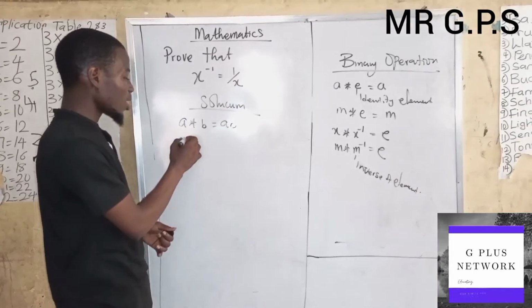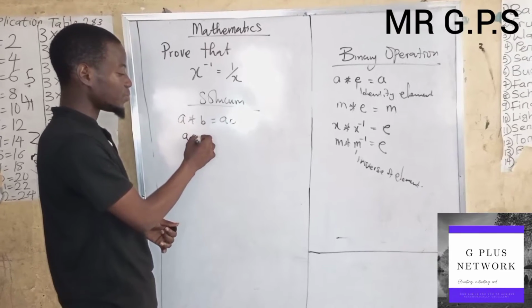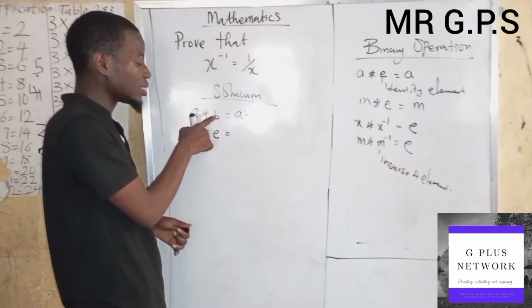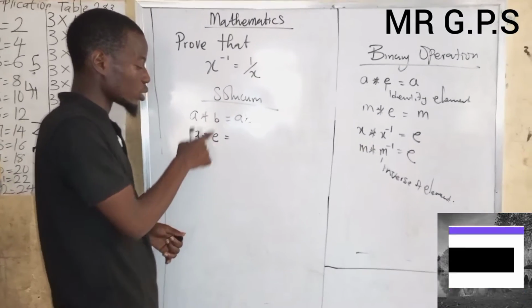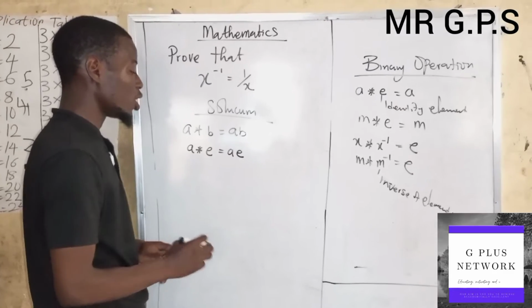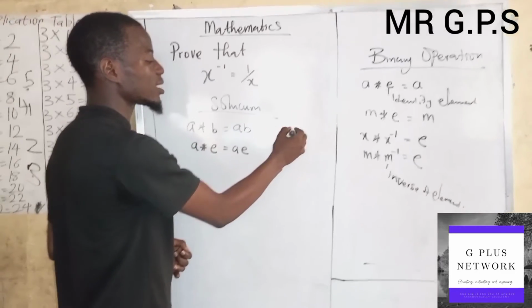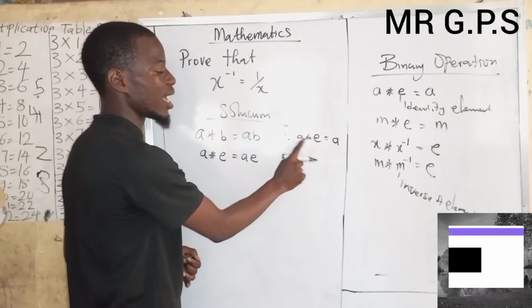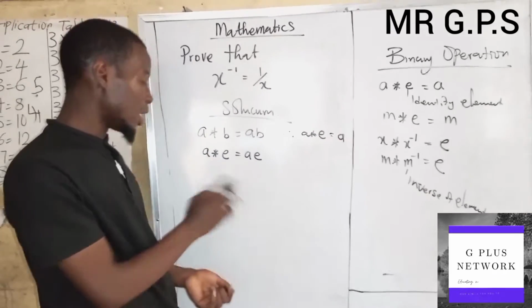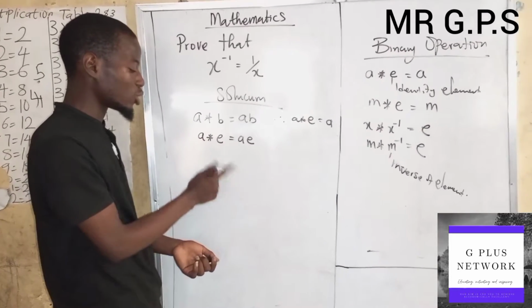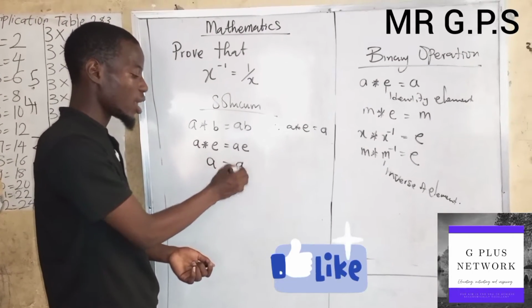So we have a asterisk e equals, using this, if we have a asterisk e, this b has turned to what? e. So it becomes ae. Now, don't forget, I told you anything asterisk with the identity element will give us that, which is a asterisk e will give us a. Now that means this a asterisk e is actually a. So we'll change it. It becomes a equals ae.